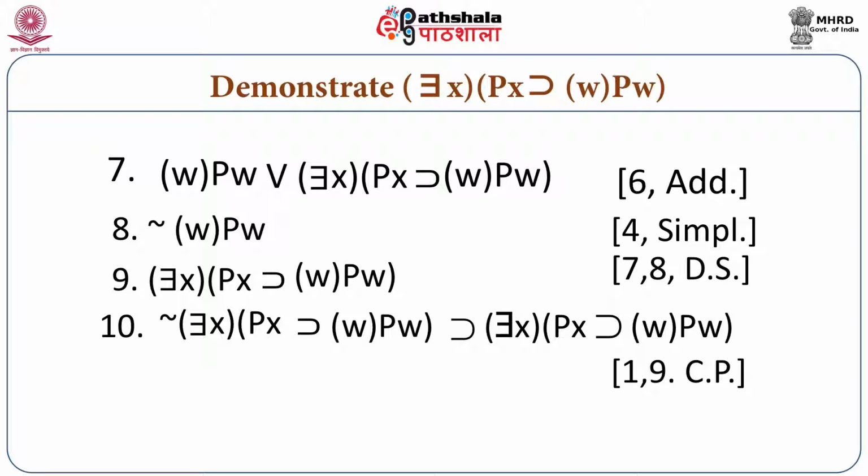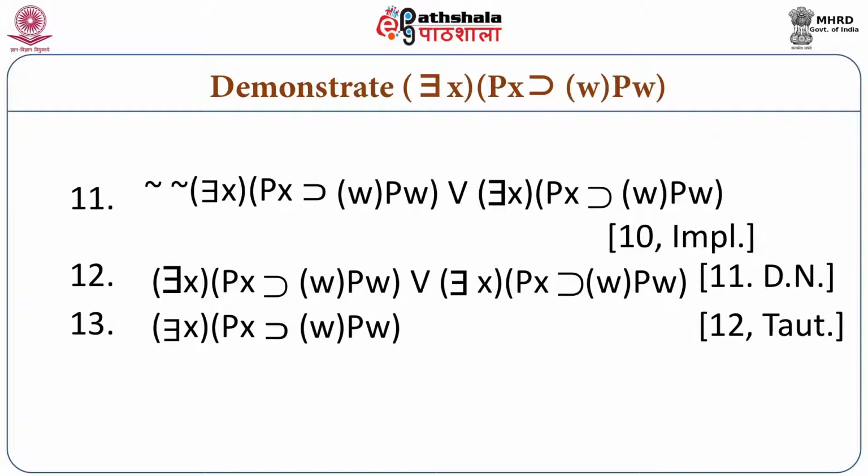Here we come to the next step, applying the rule of conditional proof. From 1 and 9, we have step number 10, which is: it is not the case that there is an x such that if x is p, then for all w, w p, implies there is an x such that if x is p, then for all w, w p. Next is step number 11, by replacement of equivalence, that is, implication is to be replaced by disjunction.